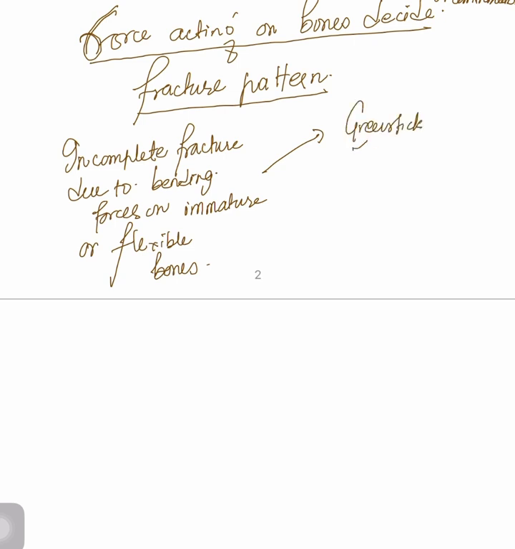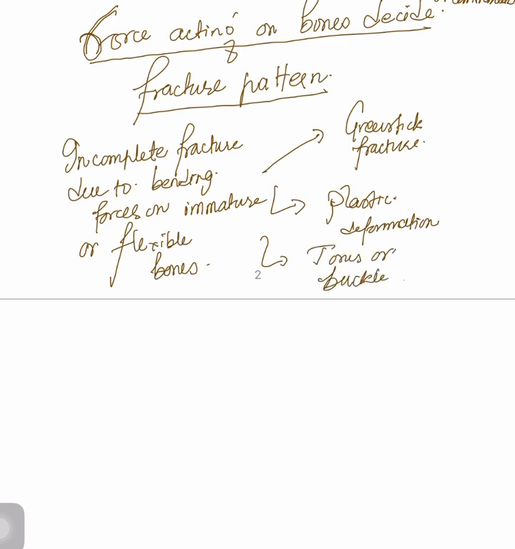So the incomplete fractures due to bending force on immature or flexible bones are the greenstick fracture, plastic deformation, or the torus or buckle fracture. To understand them in detail, let's see an illustrative figure of how these fracture patterns are recognized.